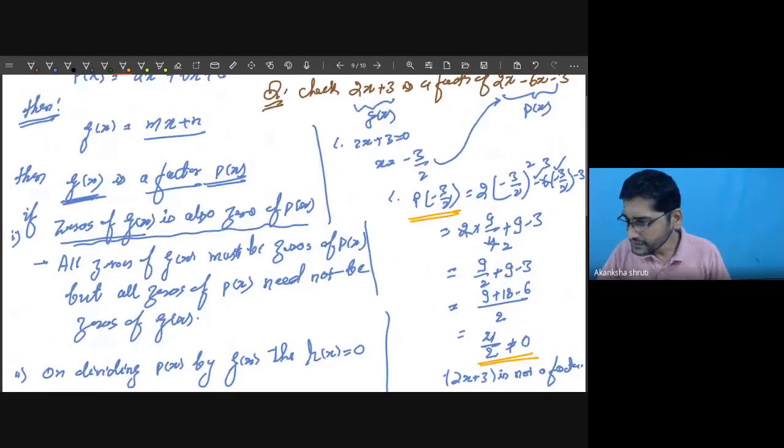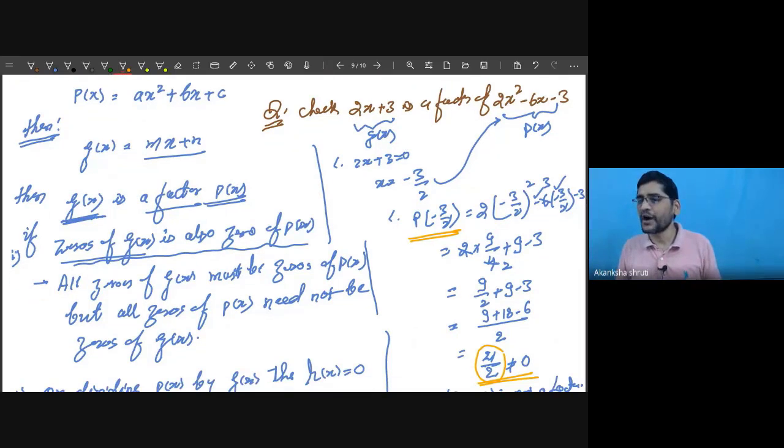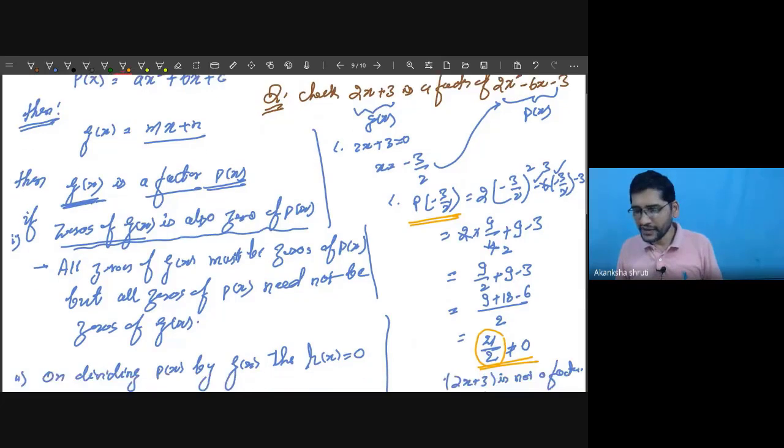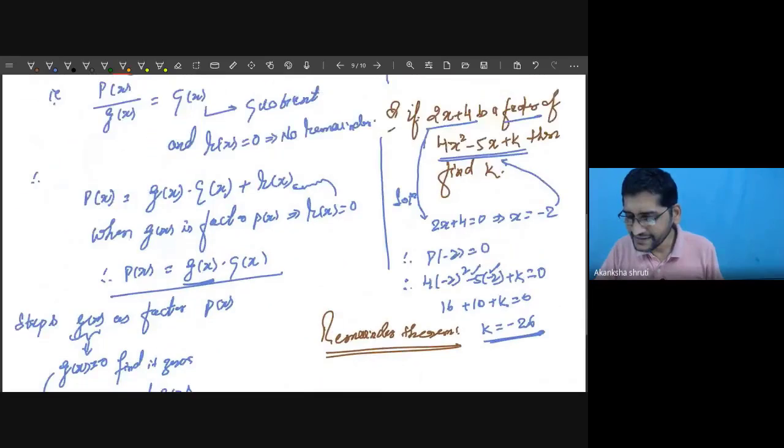So in this case whatever is calculated, this itself is the remainder for p(x) divided by g(x). This is expressed in terms of the remainder theorem only. But if the remainder comes as 0, then it is a factor. Like here we applied remainder equals 0, we calculated the k.